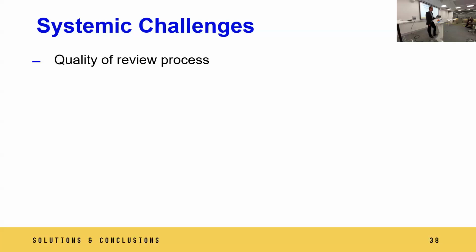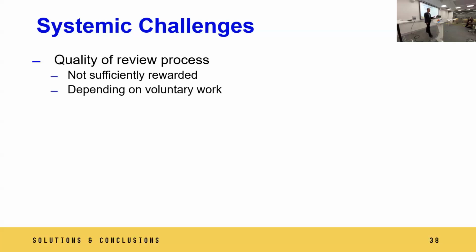First is the quality of the review process, which is not sufficiently rewarded and depends on voluntary work. So sometimes reviewers tend to outsource it to PhD students or do it as quickly as possible. So sometimes even in high quality journals, rubbish gets through.